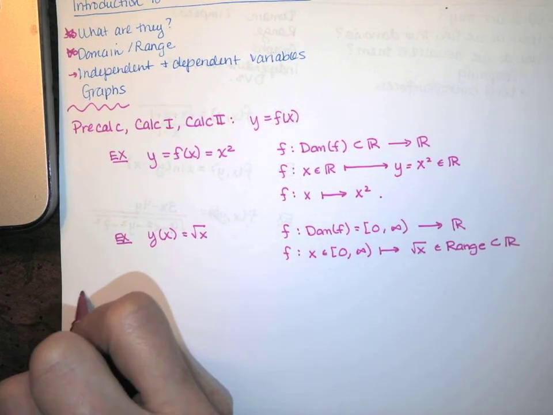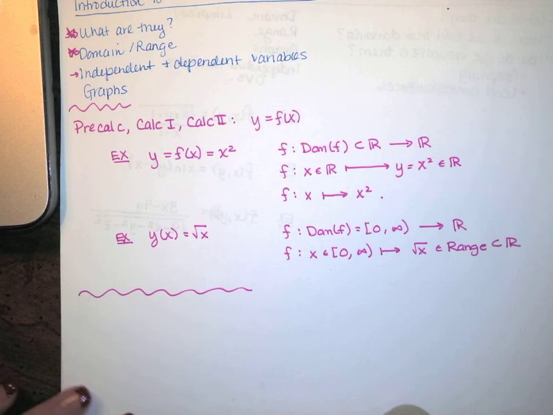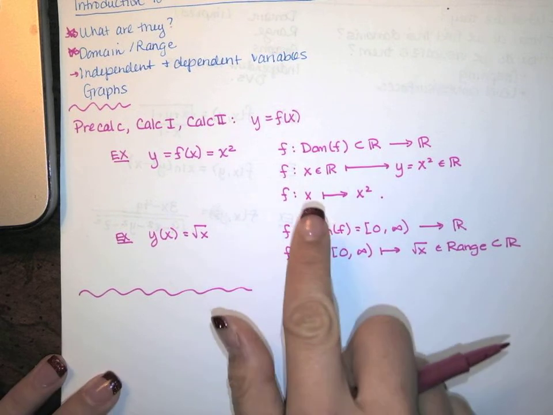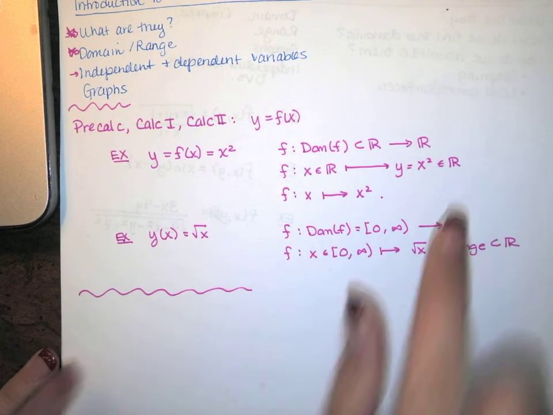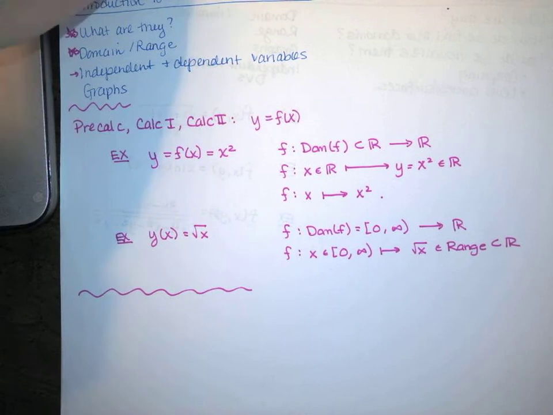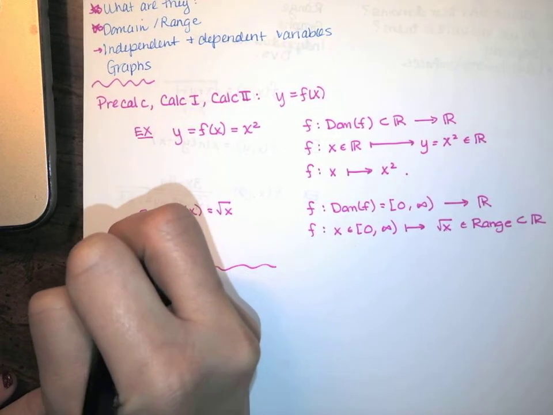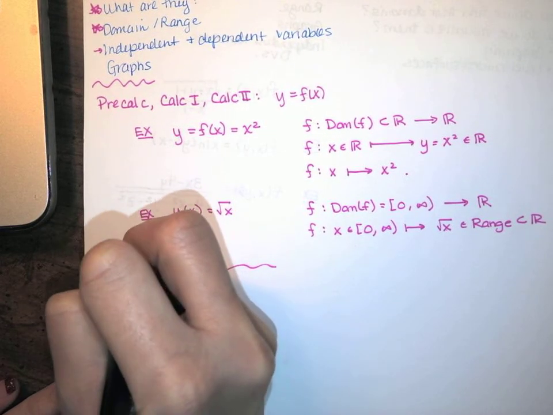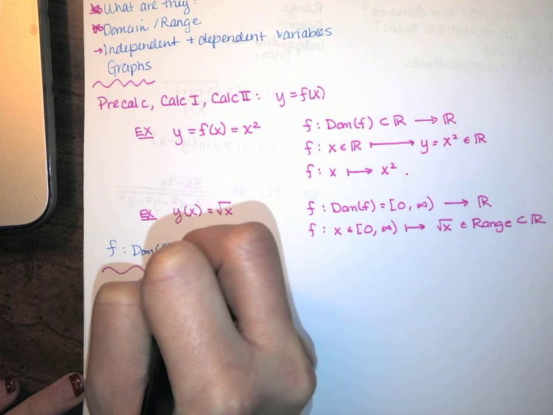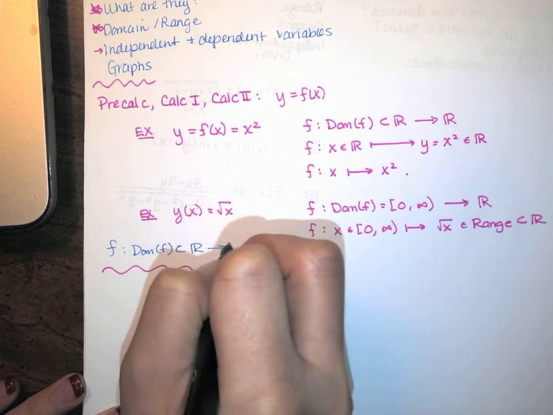Then in the last chapter we said, what if instead of taking a real number and mapping it to a real number, we took a real number and we mapped it to a point or a location in space? So in Calc 1 and Calc 2, we were going from essentially real numbers to real numbers.